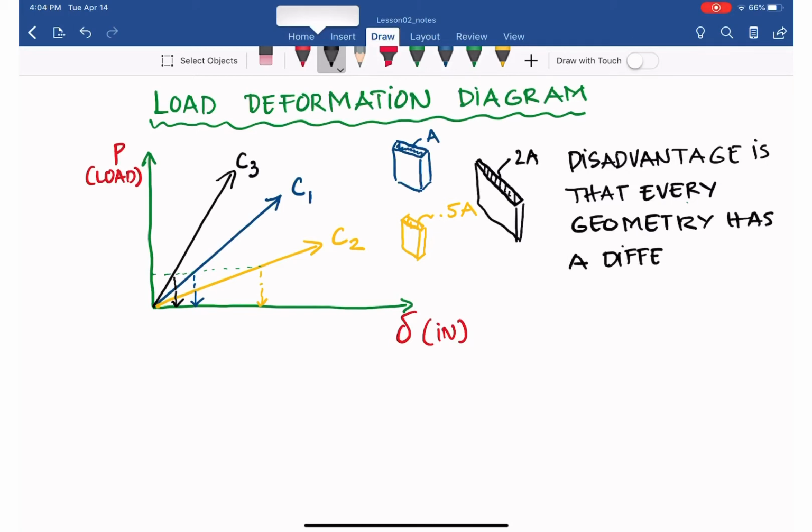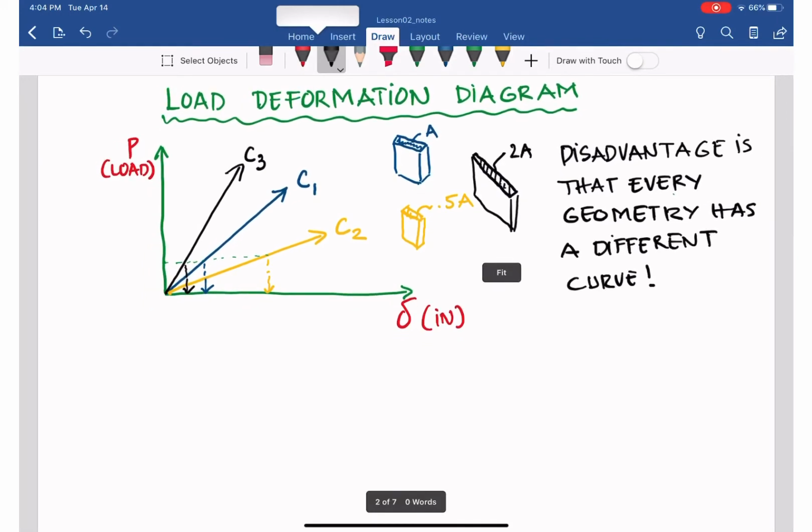Even the same material, rubber in here, gives a different curve. So that's not a good thing.